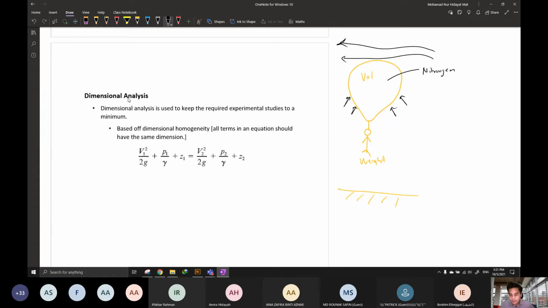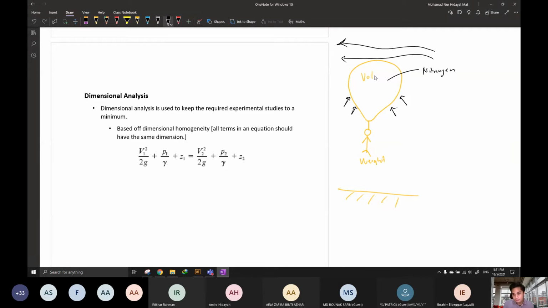If you conduct the experiment, maybe you will conduct one by one. For example, you conduct with nitrogen, and then you try to use helium. You use different kinds of material, fluid inside the balloon. Secondly, you try to change the size, the volume of the balloon. Maybe you have a different weight. You have to conduct one by one, so it will take a year.